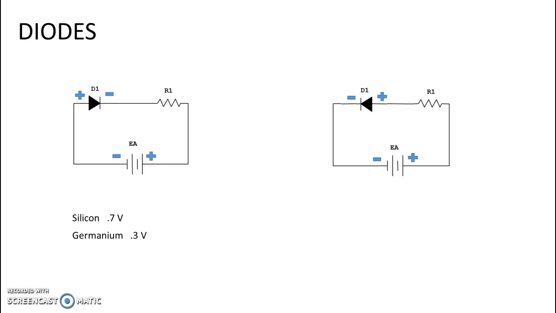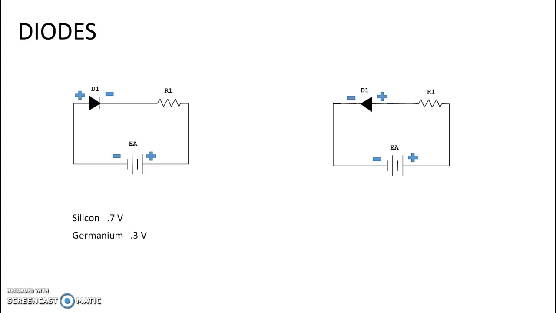And you will notice the difference between the two is that in the forward bias diode, you see like to like. So if you leave the negative side of the power source, you encounter the negative side of the diode. If you leave the positive side of the power source, you encounter the positive side of the diode. Now, on your reverse bias, you'll notice that it is unlikes that are connected.